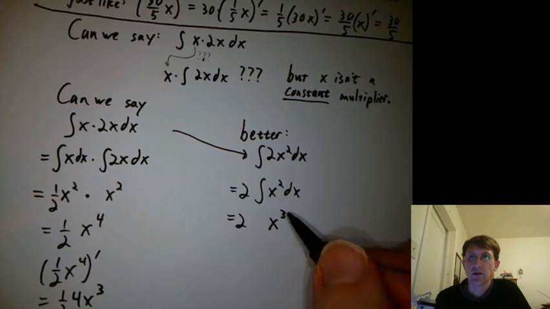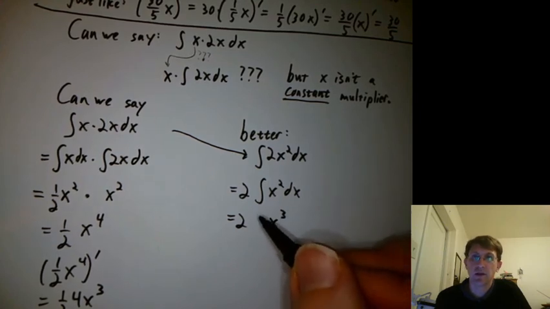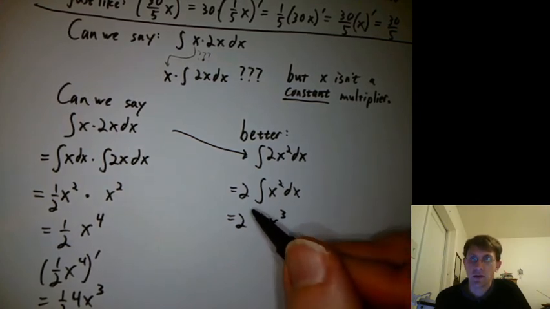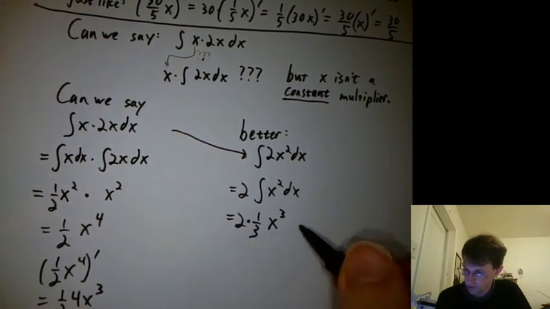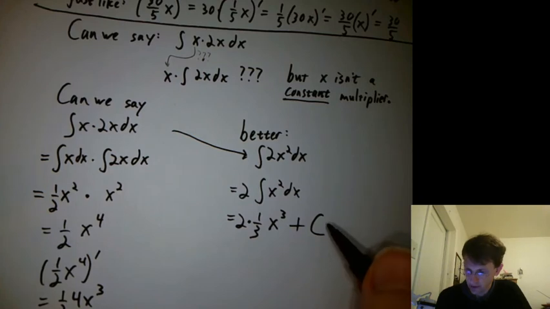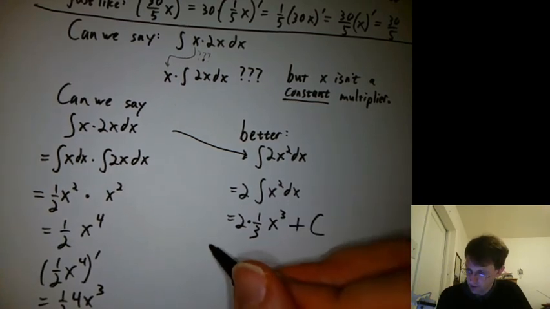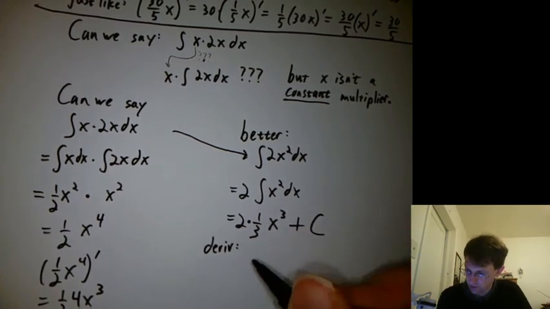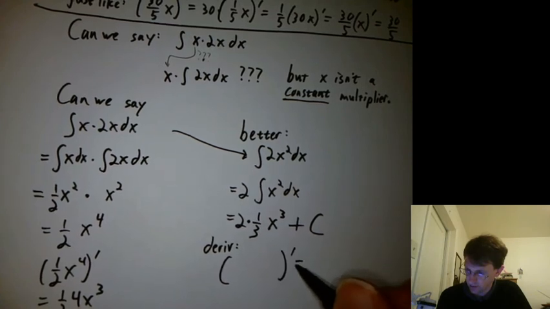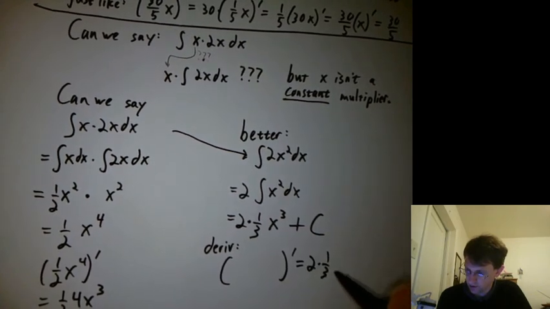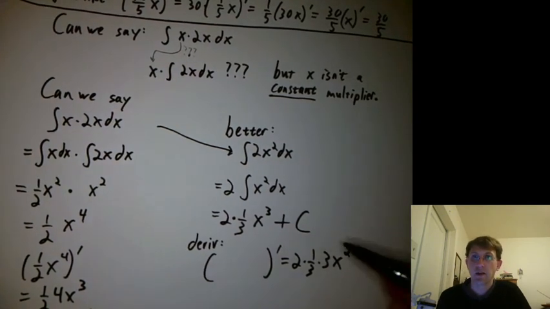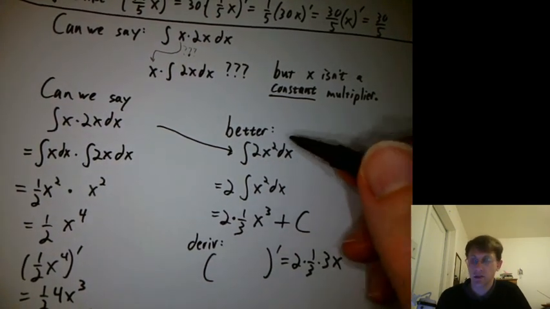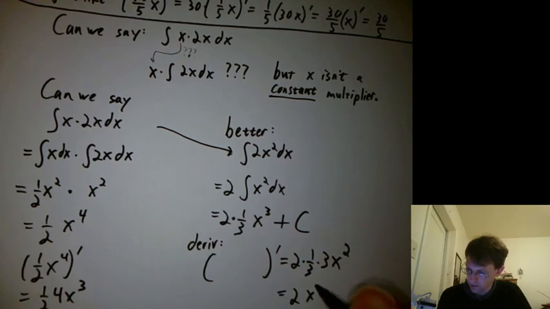And then when you take the derivative, the 3 comes down in front, and we don't want it to be there. We need something to get rid of it. So I'm going to say 1/3 x cubed. And let's check that by taking the derivative. So all of that prime, we get 2 times 1/3 times 3x squared. And that simplifies to 2x squared.